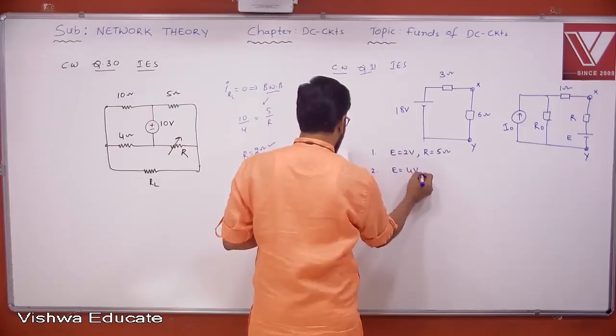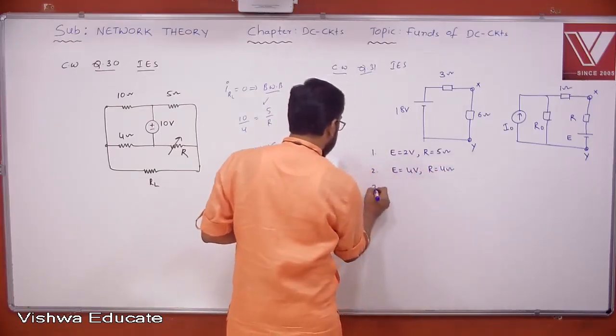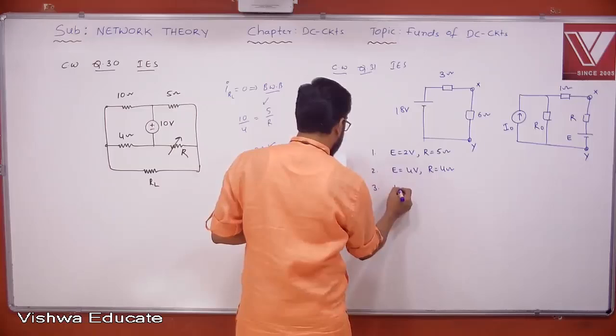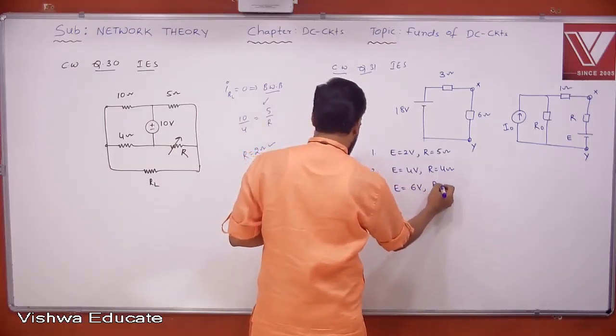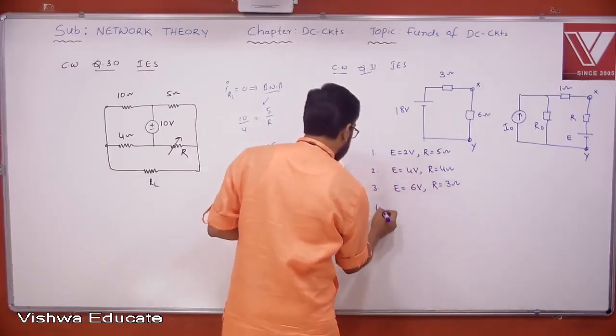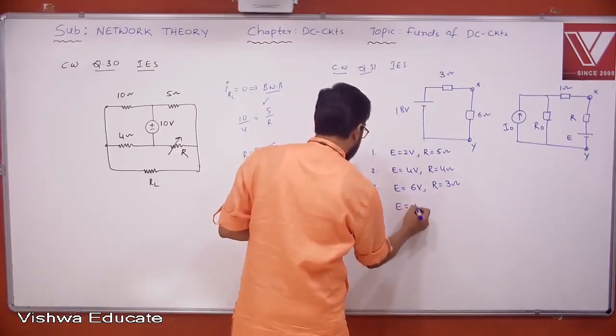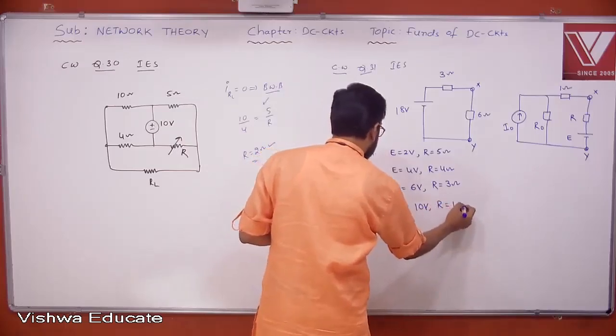E is equal to 4 volt, R is equal to 4 ohm. E is equal to 6 volt, R is equal to 3 ohm. E is equal to 10 volt, R is equal to 1 ohm.